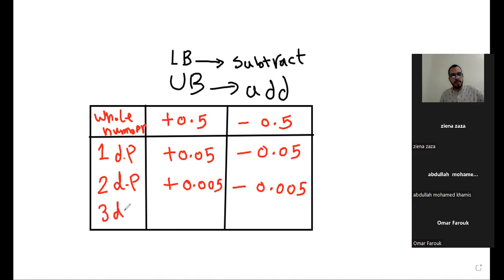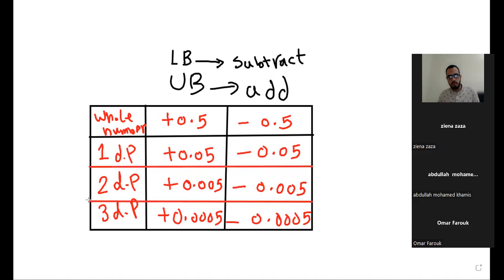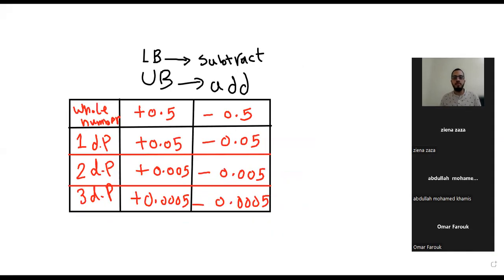Three decimal places, you add 0.0005 and you subtract 0.0005. Please write this because it is not written in the notes. Please write it in your copybook.